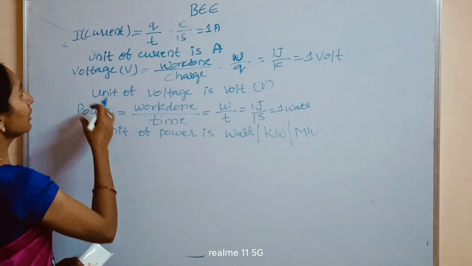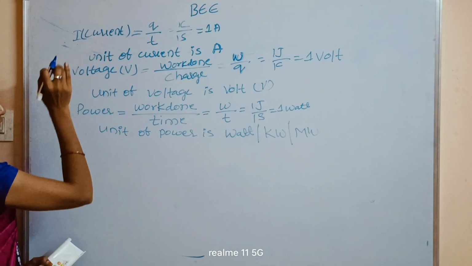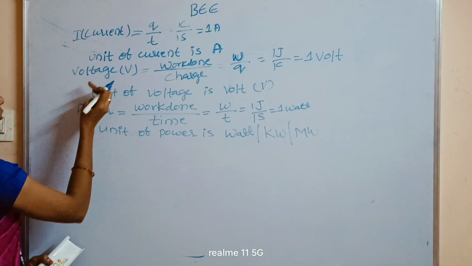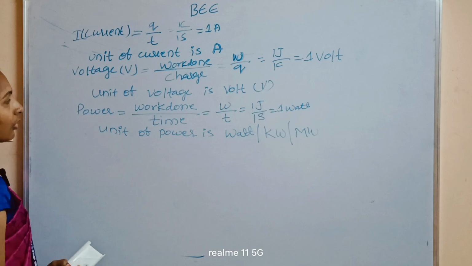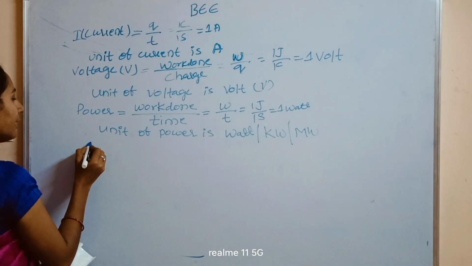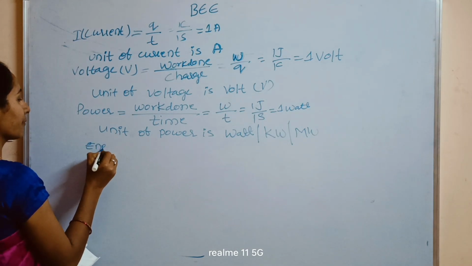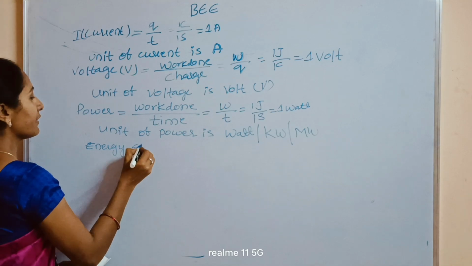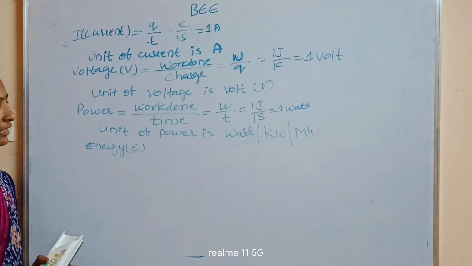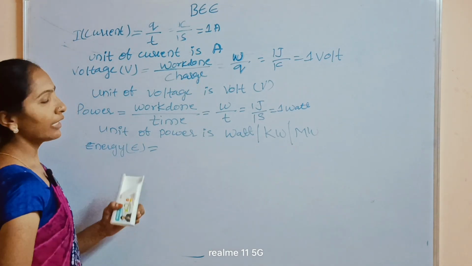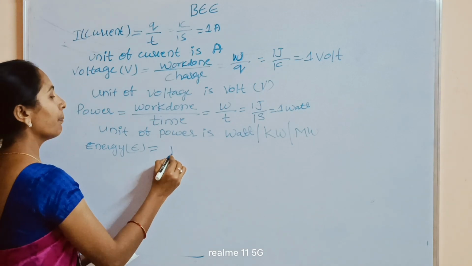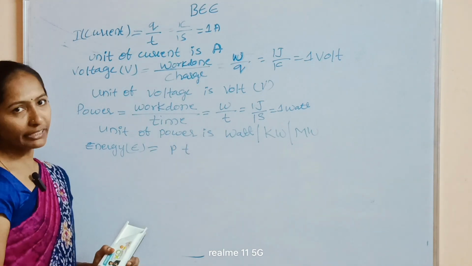Now these are the main definitions regarding current, voltage and power. Now consider energy, represented with E. It is nothing but the product of power into time.